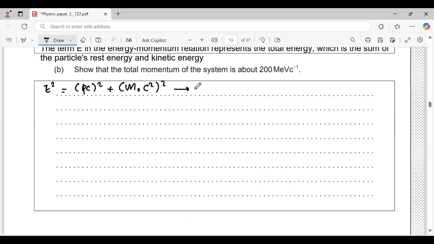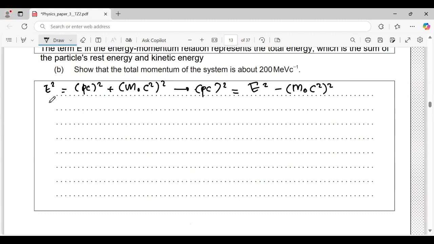It becomes (PC) squared equals E squared minus (M0 C squared) squared.